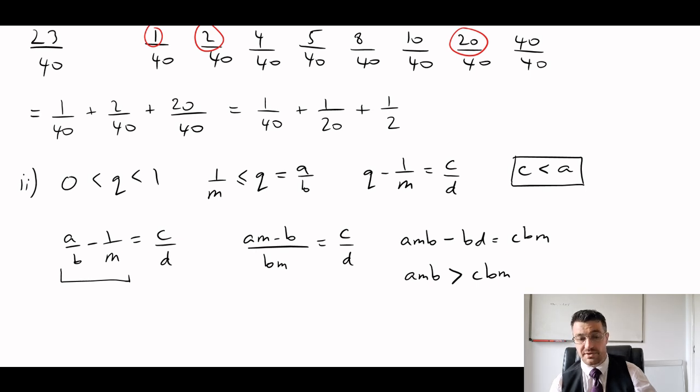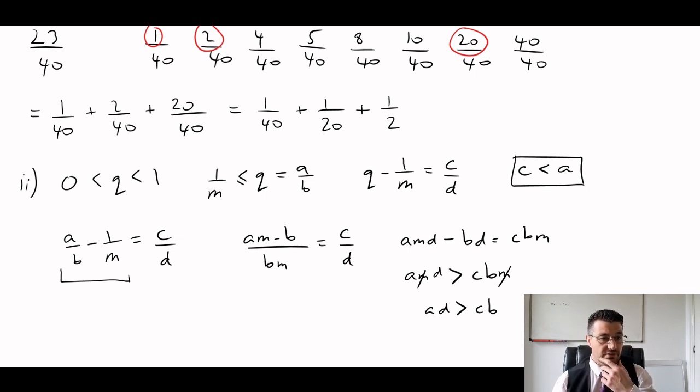Cancel through by M because M is also a positive integer, and I get AD is greater than CB. Sorry, it should have been AMD, shouldn't it? AD is greater than CB.